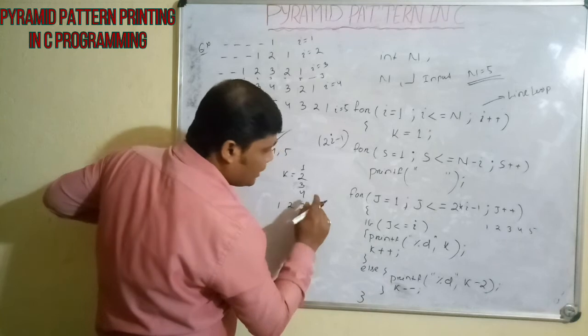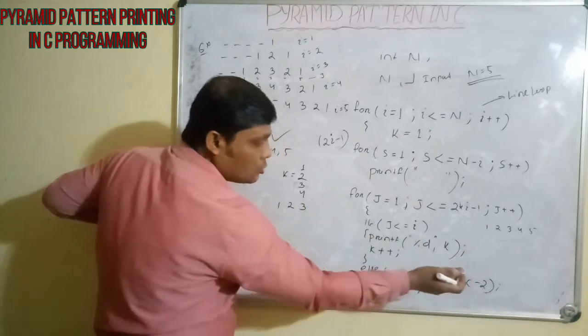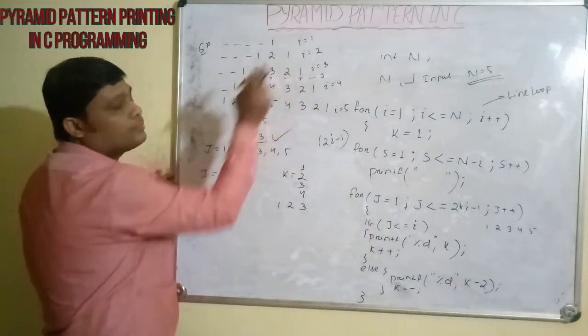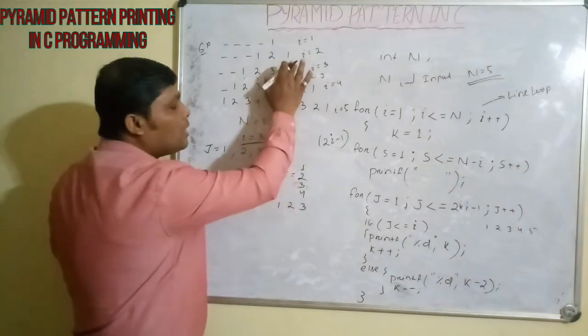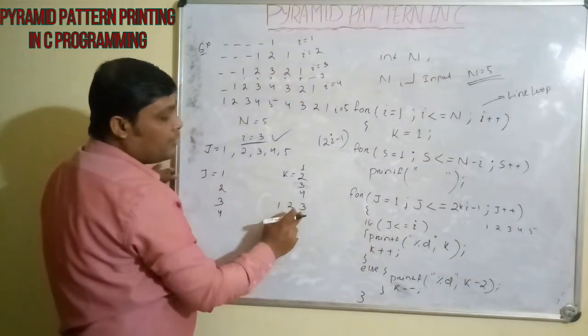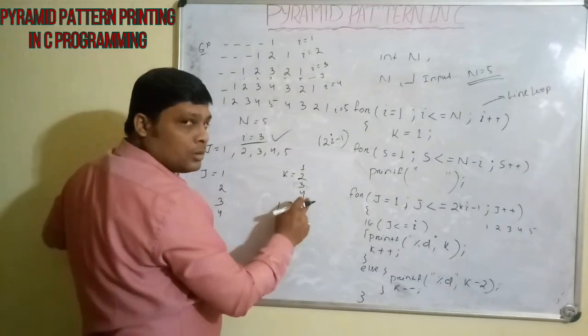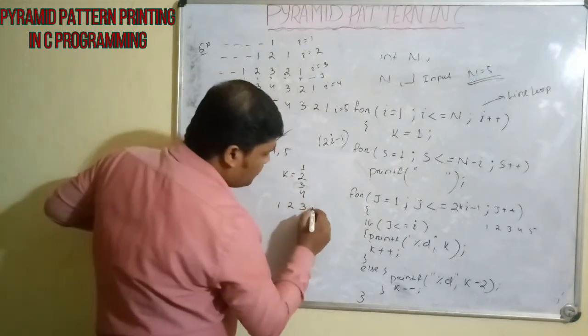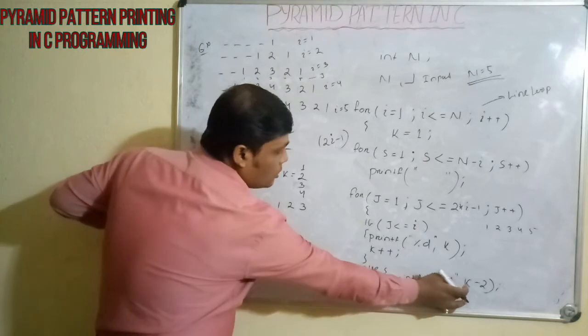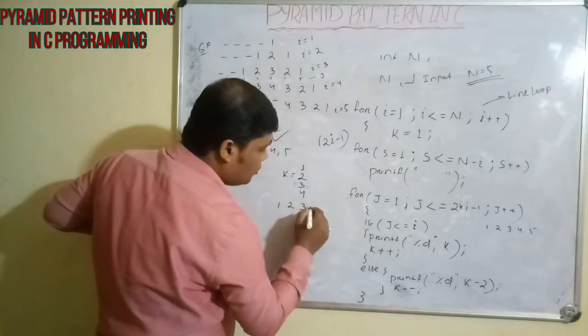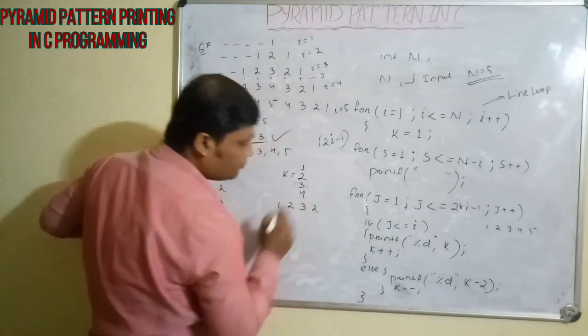So it should print k minus 2, because we want 2. When j value is 4, k value is 4. Clear? So it will print 4 minus 2, that is 2.